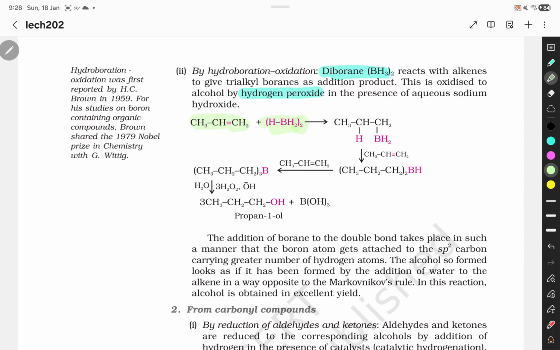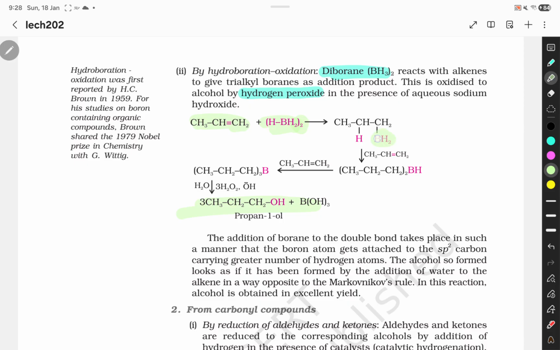So BH3 attacks on each of these, and after that you pass through one more of the alkene, and then you keep passing it and you get BR3. Then after that you just hydrolyze it in presence of peroxide, and it forms propanol.